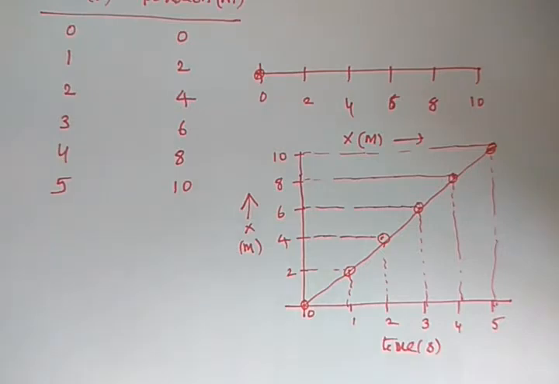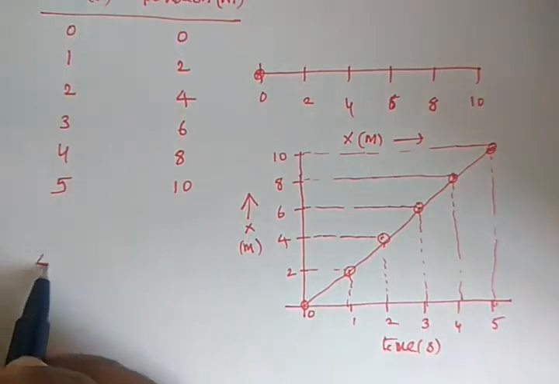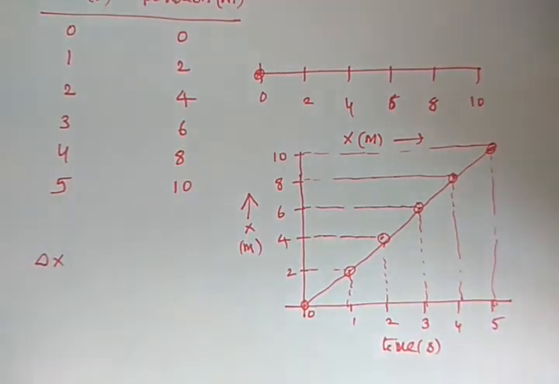Now once you know how to draw this, you can find the displacement. Displacement is defined as change in position. So this is position, and change in position is delta x. You can find the change in position during some interval.